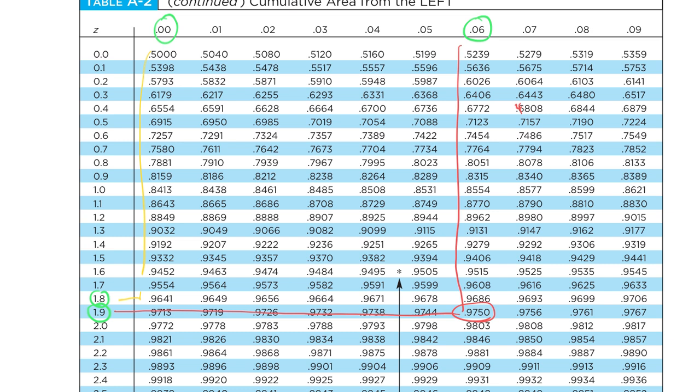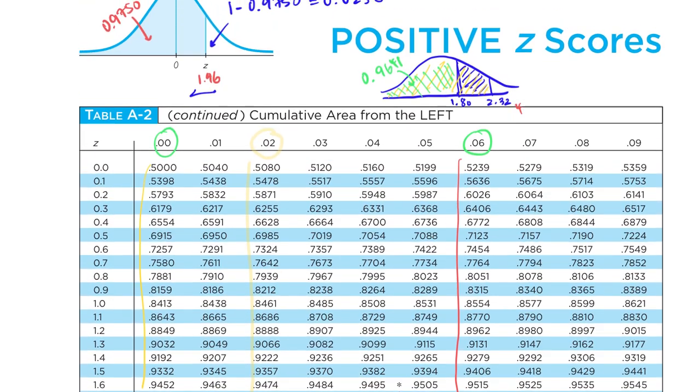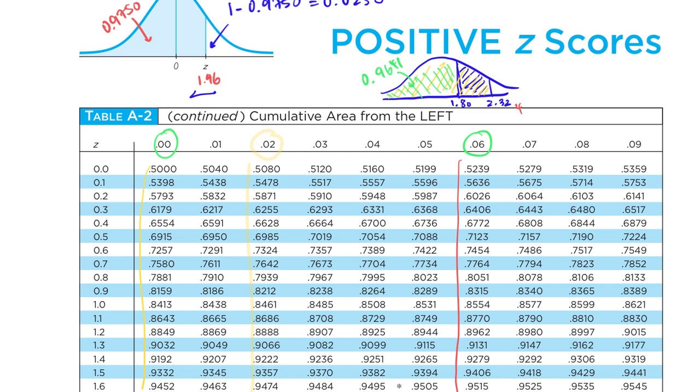We first locate 2.3 in the first column and then .02. So we would go to the first row and go to the hundredth place with the digit 2. The corresponding probability is 0.9898.